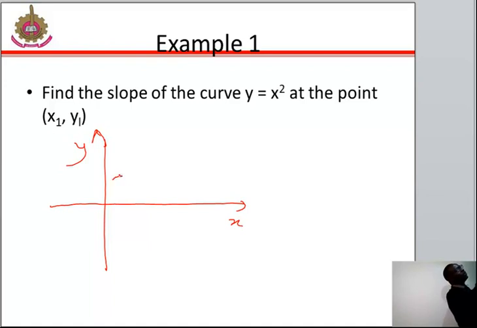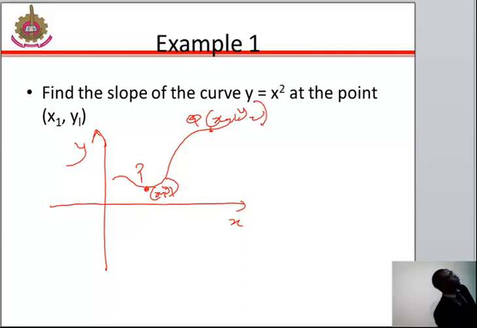You have a curve like this, and you have to find the slope of the curve y equals x squared at the point x1. Let's say this is P, x1, y1. Then this is Q, x2, y2.